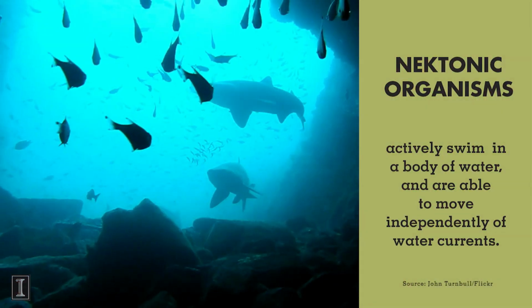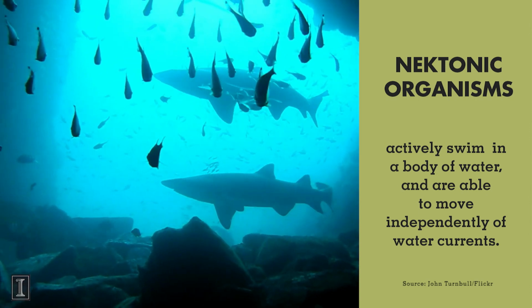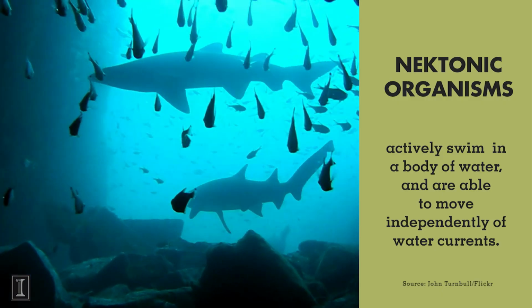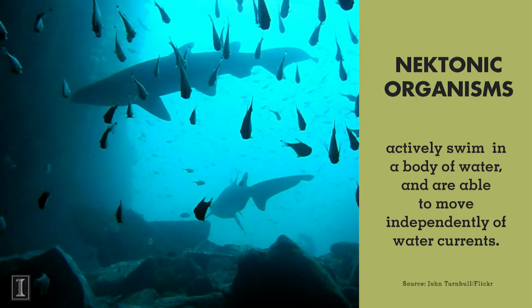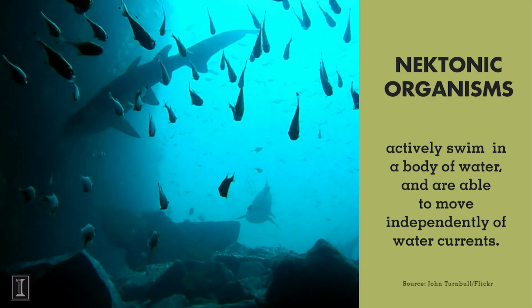To contrast that, we have nektonic organisms. A shark, definitely nektonic. You can identify a nektonic organism because it's usually bilaterally symmetrical, so it seems to have a head and a tail. In a shark's case, it's very streamlined. It looks like it can move really easily.